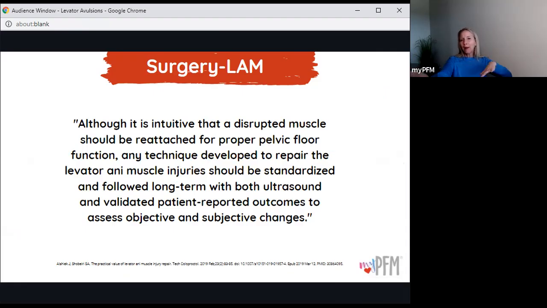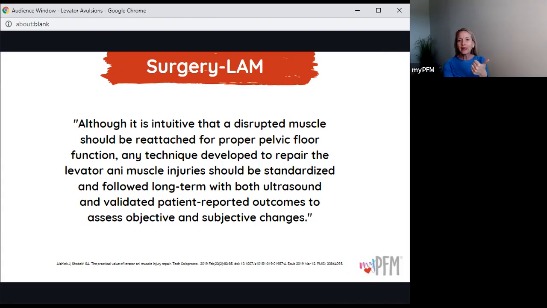At this point, this is really the only article that I could find, and I found it only because my urogyn friend shared it with me. I had been searching PubMed and searching the internet for evidence-based literature on levator ani muscle repair. So I agree with this.